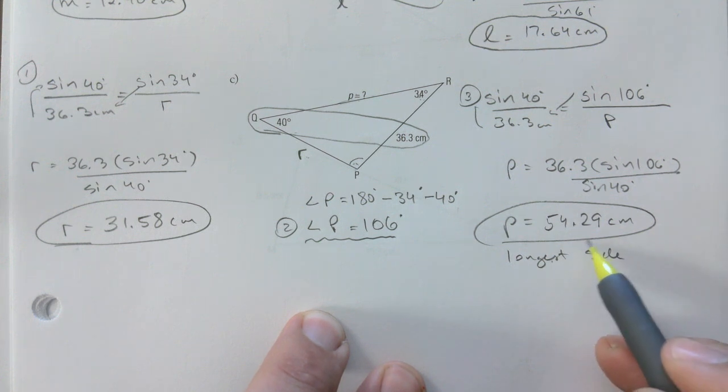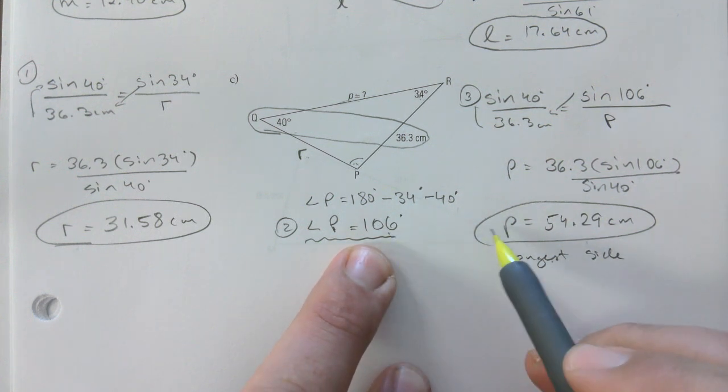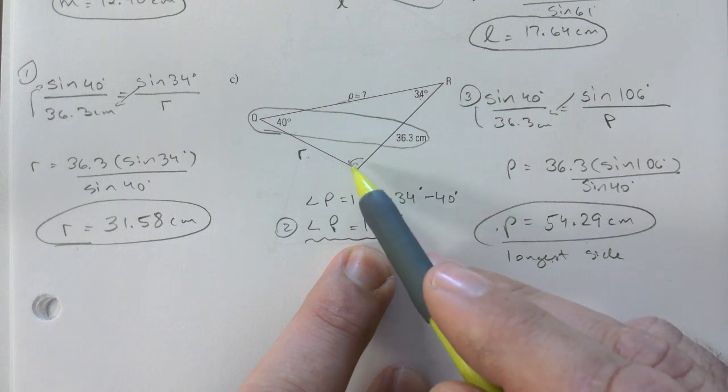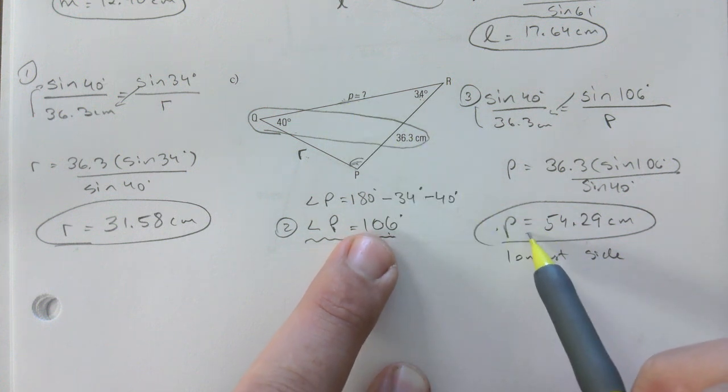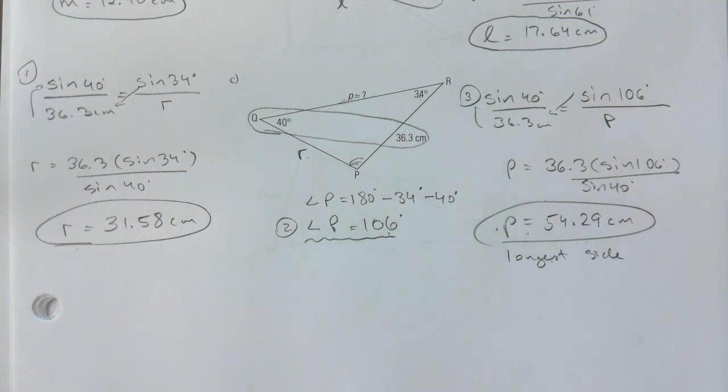And is it across the largest angle? It is, right? 106 is the largest angle here. And I have the longest side across from it, right? So it kind of just helps you determine, am I on the right track here? Okay.